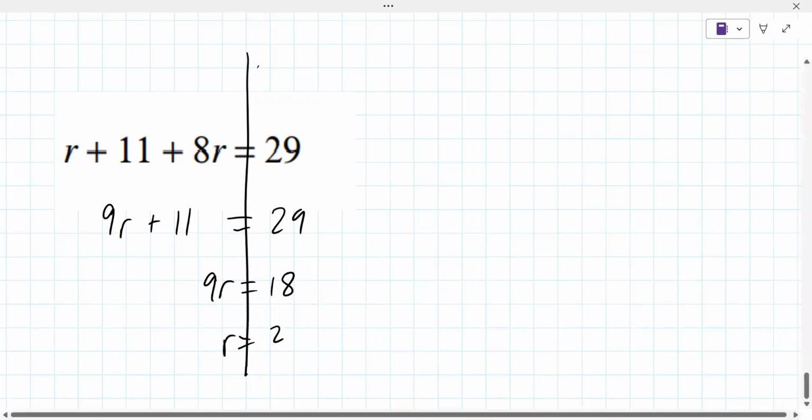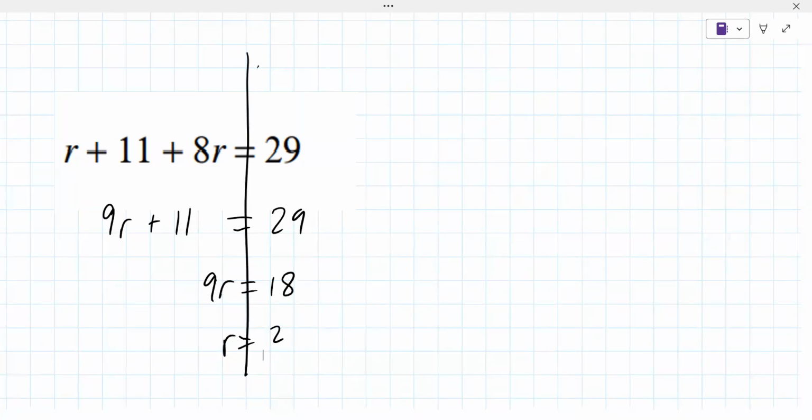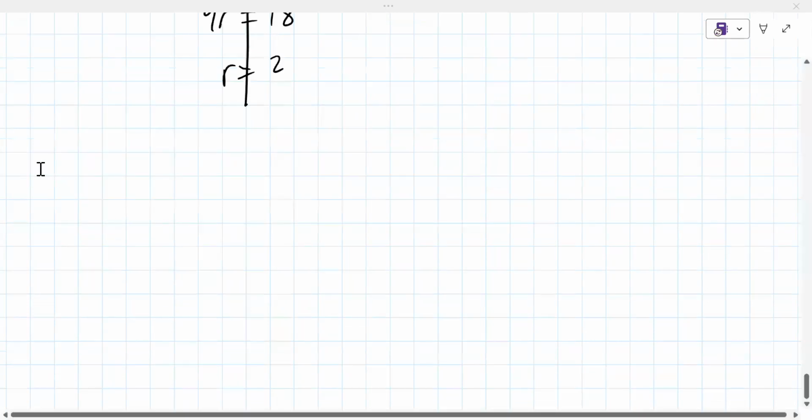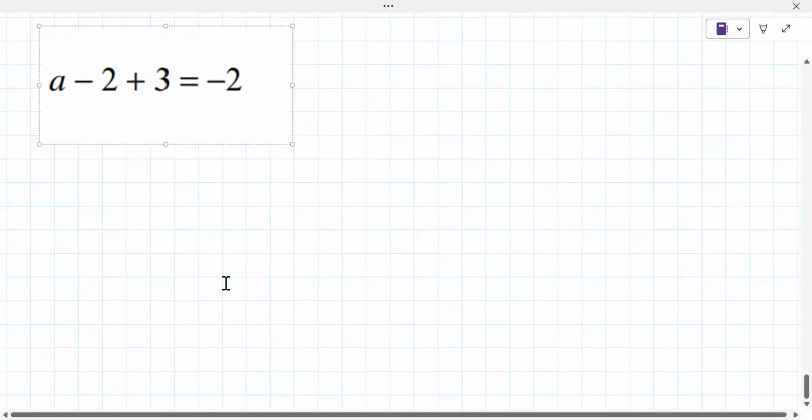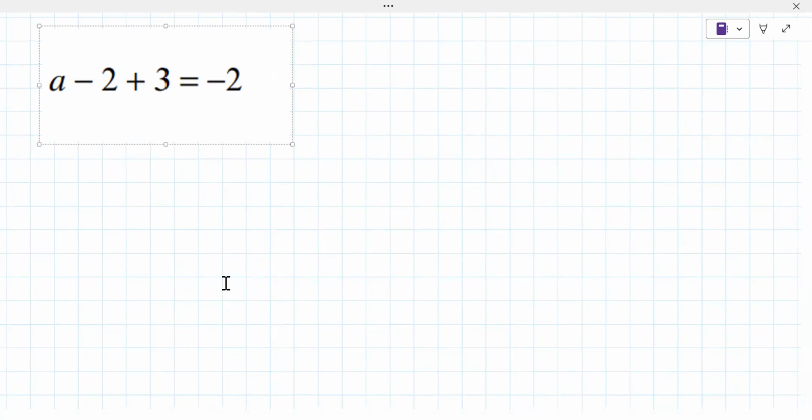Good. Okay, one more. Here's one more for you to try on your own, and then we'll move to the next type of problem that you will see. -2 plus 3.